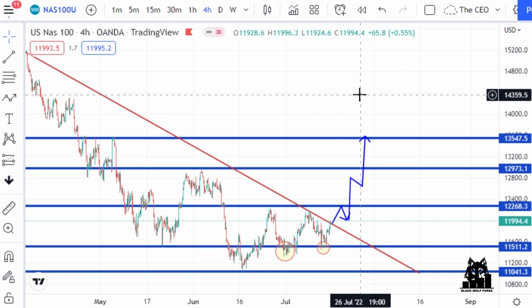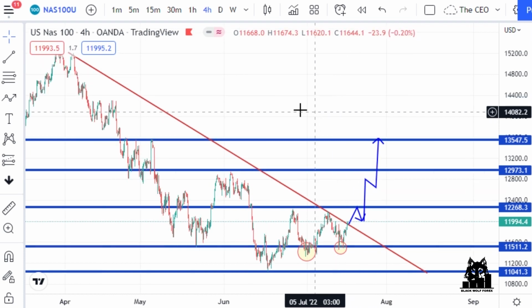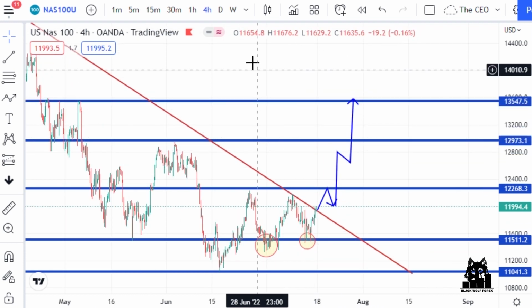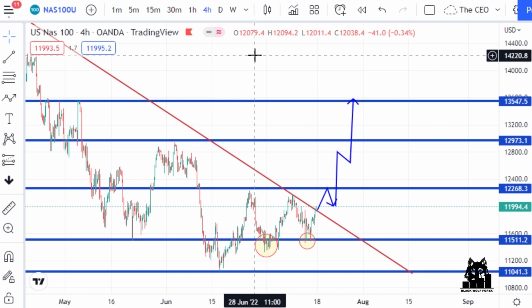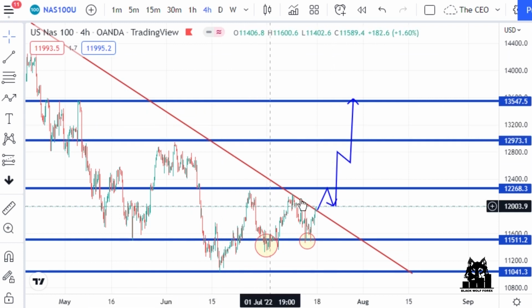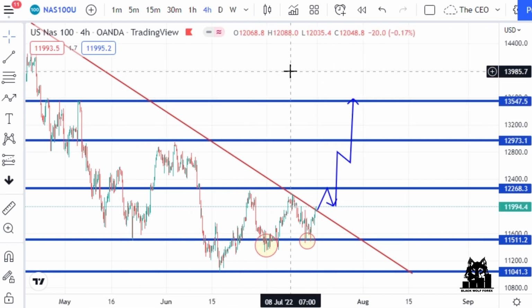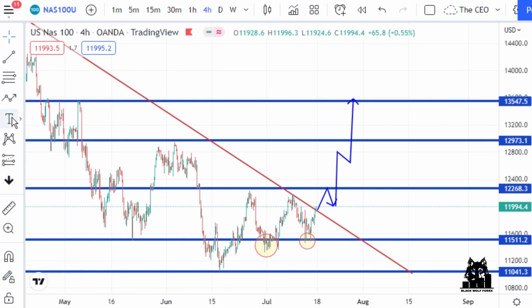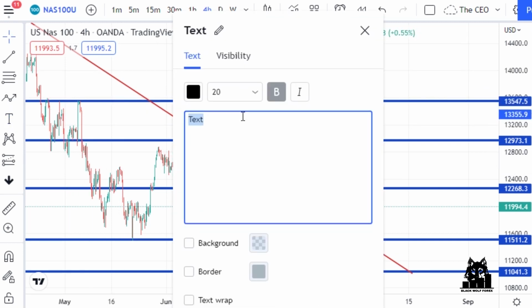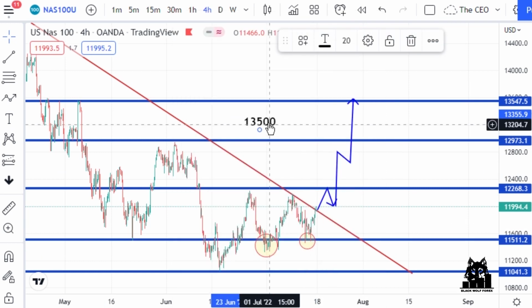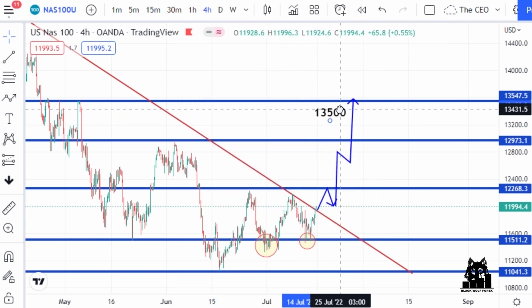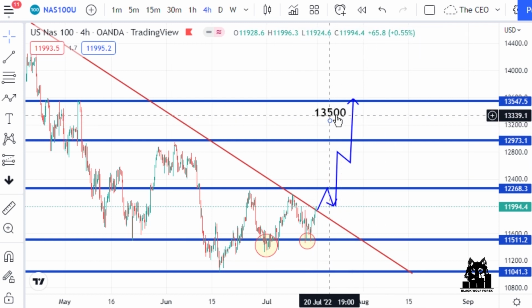So our next mission, it may not be for this coming week, but our main mission for this structure is to go to 13,500. Our next mission is for NASDAQ to go up to 13,500. That's where we want it, guys.